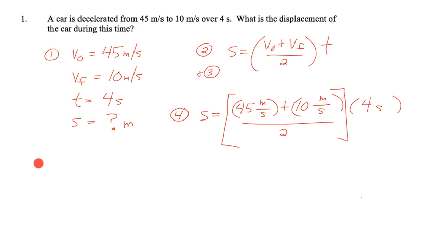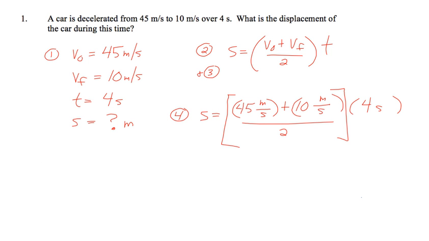So I might have been going 45 meters per second here, and then by the time I get here, I'm only going 10 meters per second, but I'm going in the same direction. So when your motion is horizontal, and a car driving horizontally would be, then your velocities will never be negative. The only thing that can be negative is acceleration when the motion is horizontal. Everything else will be positive.